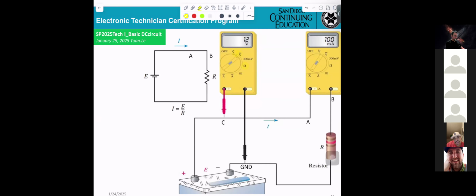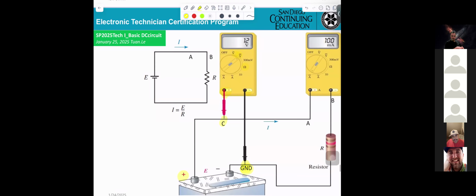If you want to measure the voltage, you connect the positive here and the negative to the ground. Like if you want to connect to a car battery to see how many volts, you connect positive to positive, negative to ground, and it tells you what the voltage is.